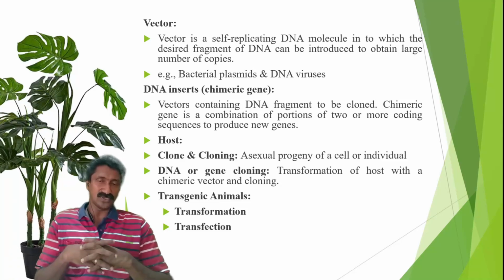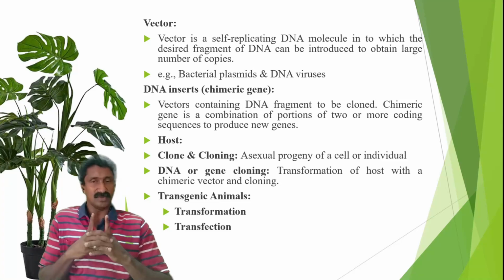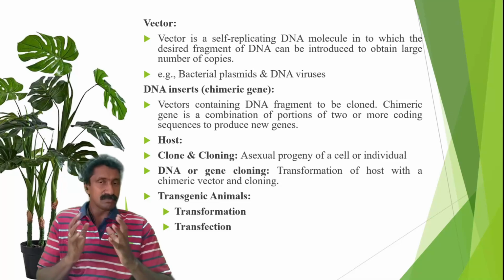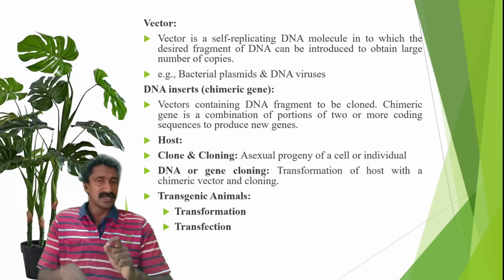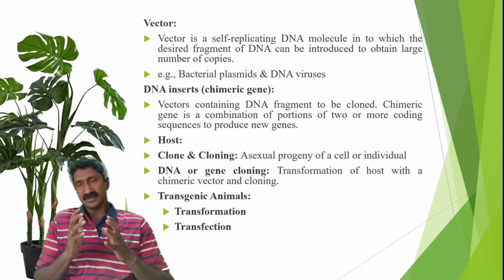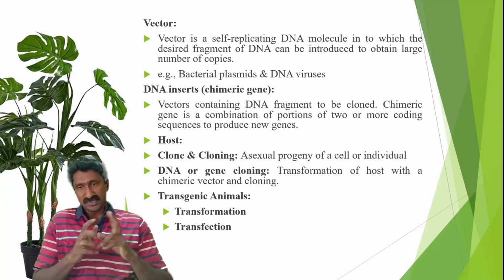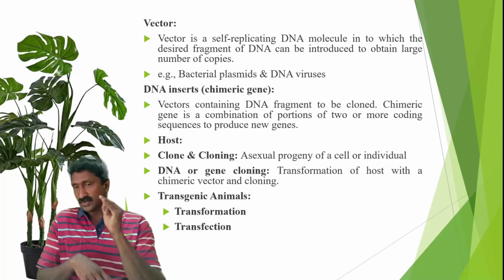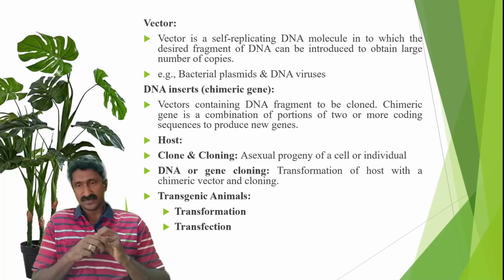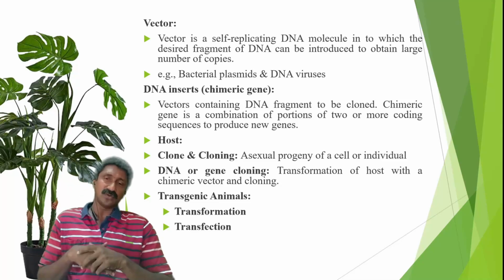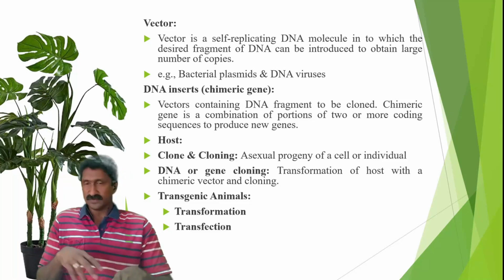Uncontrolled growth is the feature of that transformed cell in animals. So the transformation process of animal cells is not simple uptake of DNA, but transformation into the cancerous state. So animal cell transformation and prokaryotic transformation are two different terms. Please note that. And transfection is the viral mediated transfer or infection of animal cells. That is transfection.